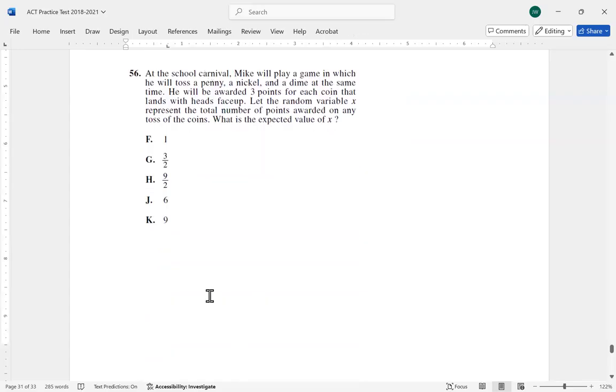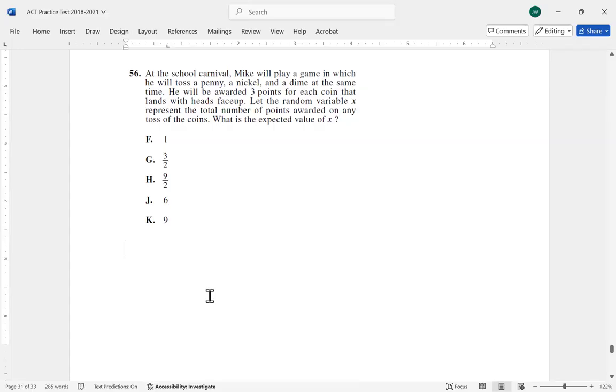Question 56. At the school carnival, Mike will play a game in which he will toss a penny, a nickel, and a dime at the same time. He will be awarded 3 points for each coin that lands on heads face up. Let the random variable x represent the number of points awarded on any toss of coins.